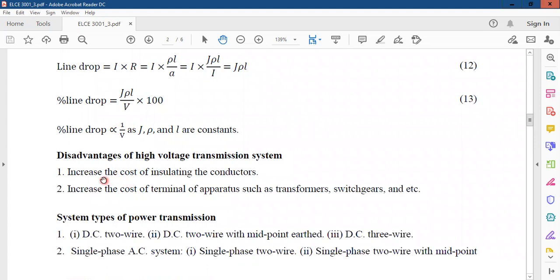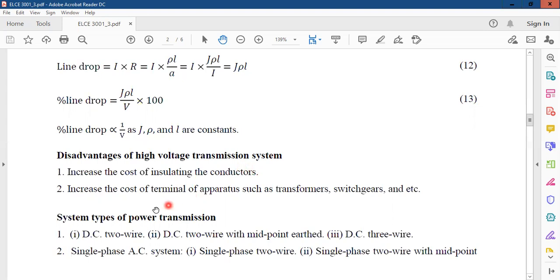Now, what are the disadvantages of high voltage transmission systems? First, they increase the cost of insulating the conductors, because if we increase the voltage, we have to have bigger insulators, and we have to have more distance among the conductors, because breakdown voltage will be higher.